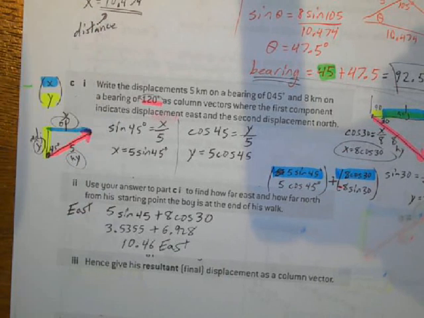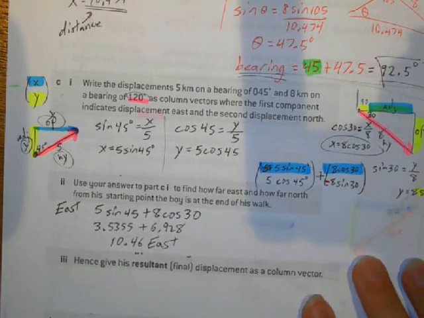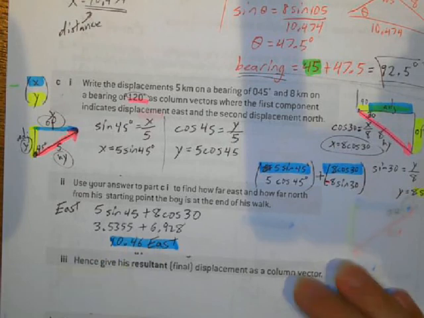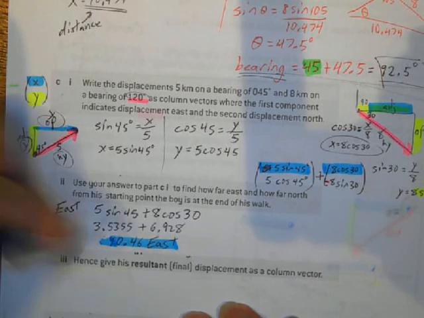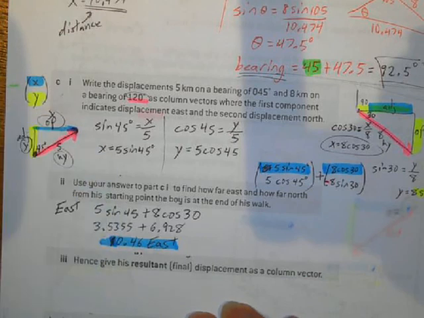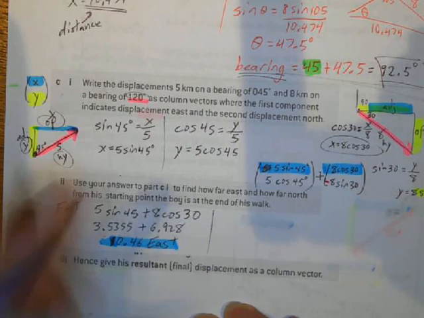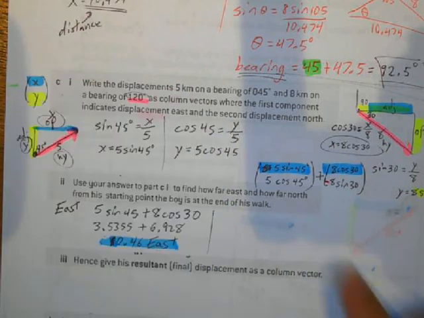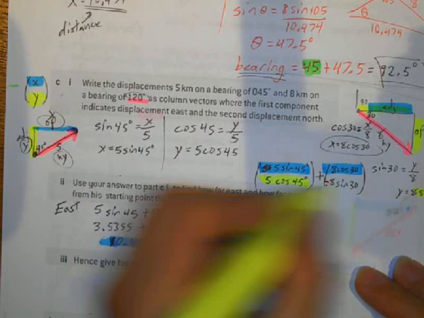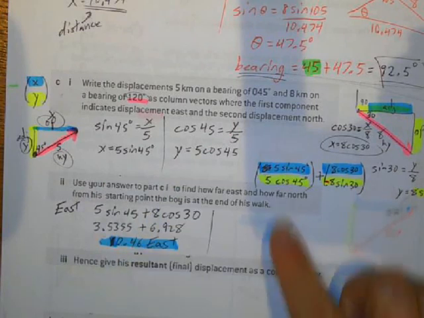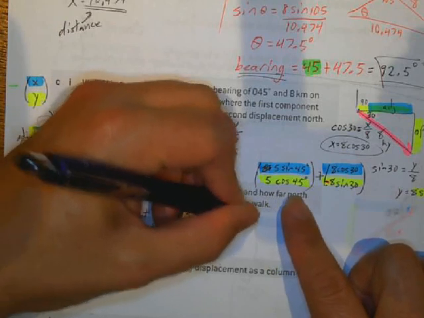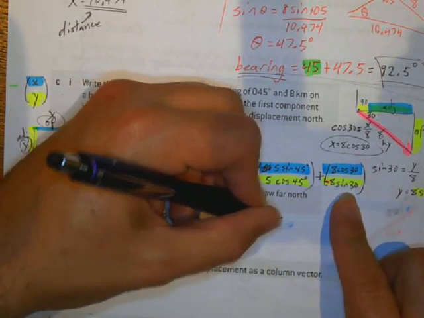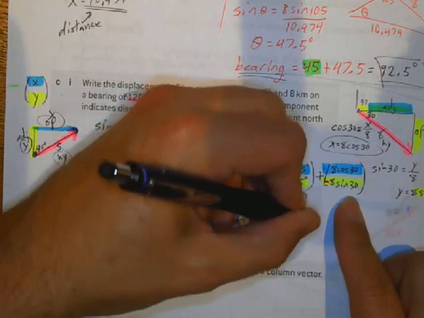Now, east is left and right. Left and right I'm using blue. Okay. Then north and south, that's up and down. Up and down I'm using yellow. So north and south, we've got 5 cosine 45 minus 8 sine 30.